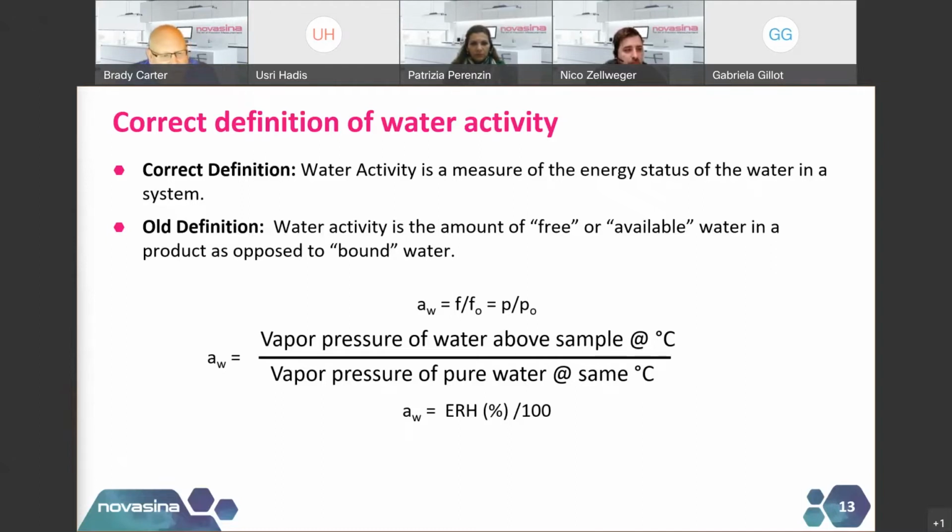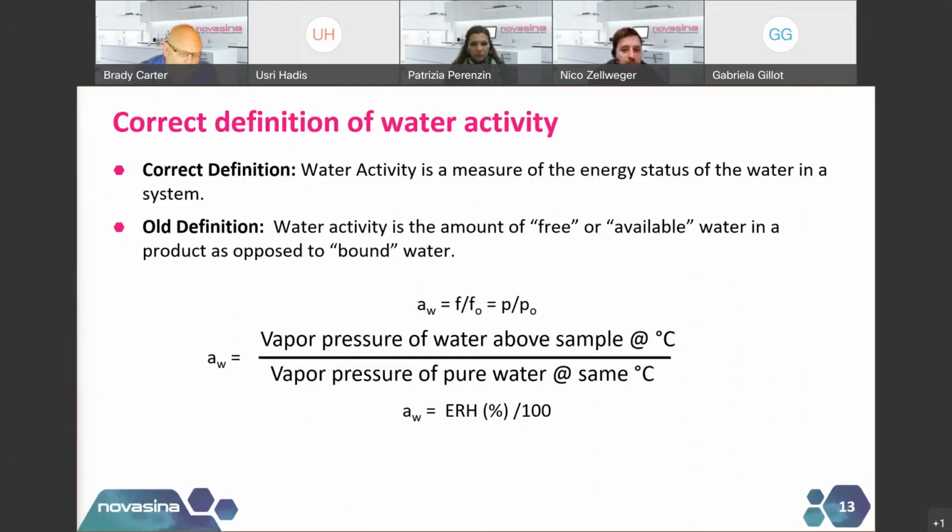Water activity is actually derived from the fundamental laws of thermodynamics, something called the Gibbs free energy equation, which tells us that if you want to know the chemical potential energy of water, then you need to know something about its fugacity, or how readily it can escape into the vapor phase, and that capability is directly proportional to its chemical potential energy.